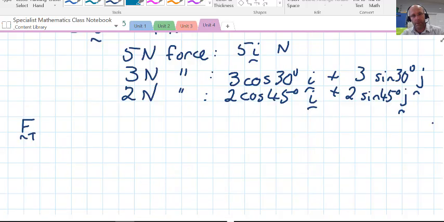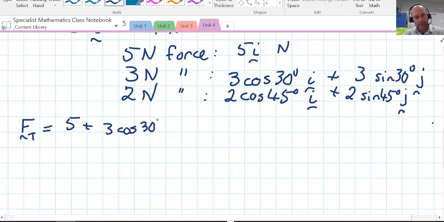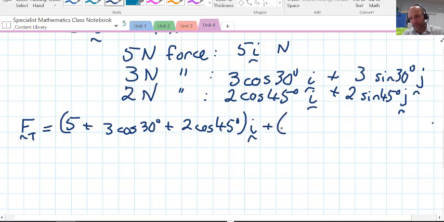The total force, or the resolved force, is the sum of all the corresponding components together. So for the i's, we have 5 plus 3 cos 30 plus 2 cos 45. Put them together with the i operator, and for the j's, we've got nothing for the 5 Newton force. We've got 3 sine 30 plus 2 sine 45, and that's all in the j.